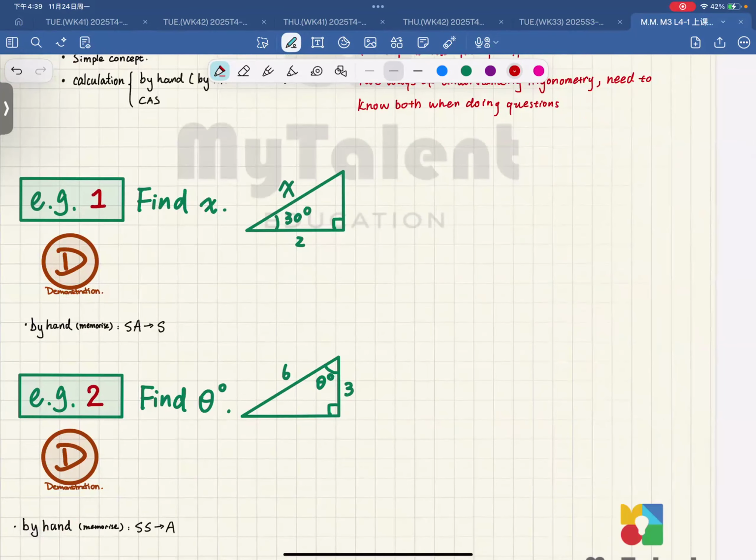Find x. We have x, 30 degrees, and the length is 2. Which trigonometry relationship do we want to use to solve this? Sine, cosine, or tangent?